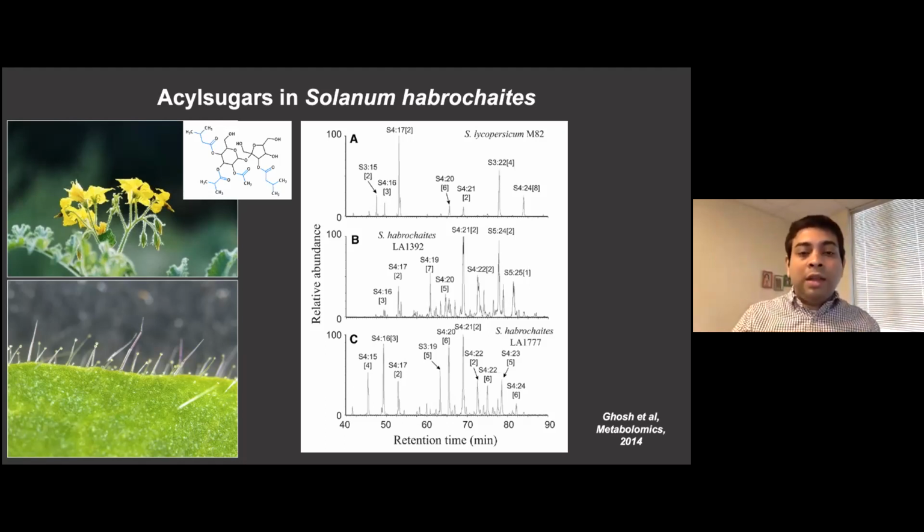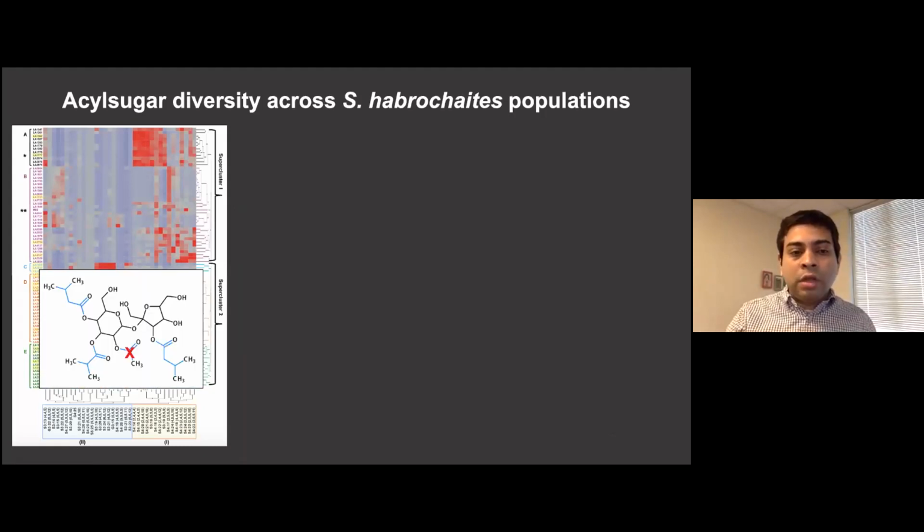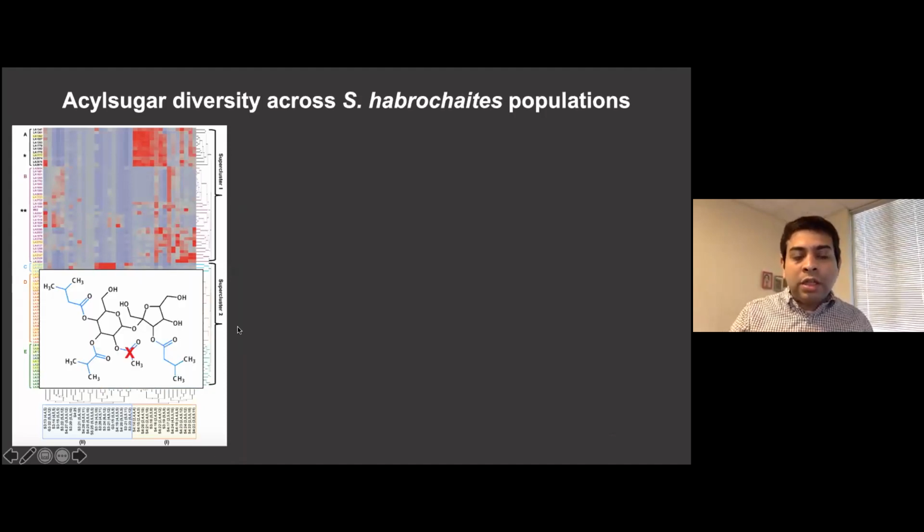So a previous study in Rob Last's lab had looked at various accessions of Solanum habrochaites spread across the range, and they found 2 main superclusters of these acyl sugars. And so this is arranged from south to north, and in the northern part of the range, essentially, there is a loss of acetylation.